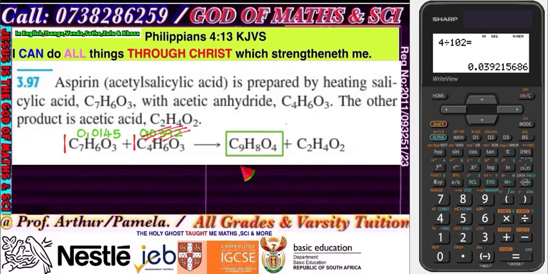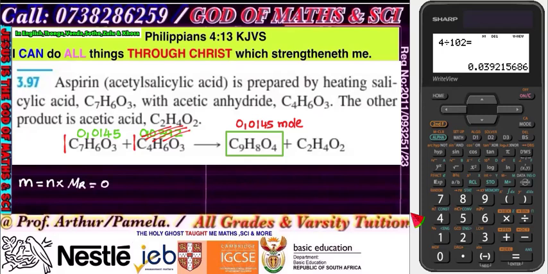We don't need it. So we use 0.0145 to get the moles of this one. The ratio is still 1 is to 1, so it's also going to be 0.0145 moles. But we want to convert that to grams. How do we get grams? The mass is given by the number of moles multiplied by the relative molar mass.